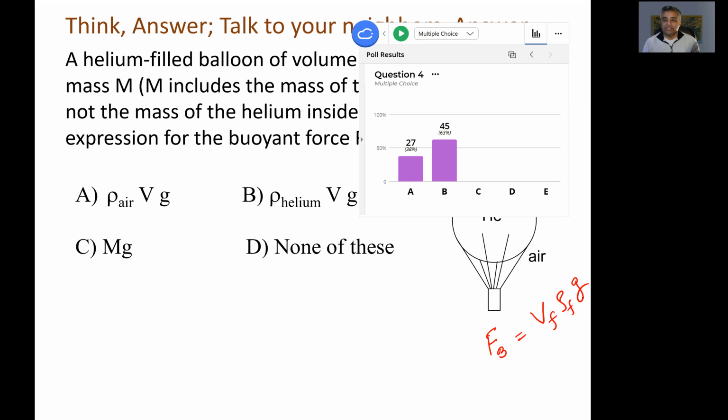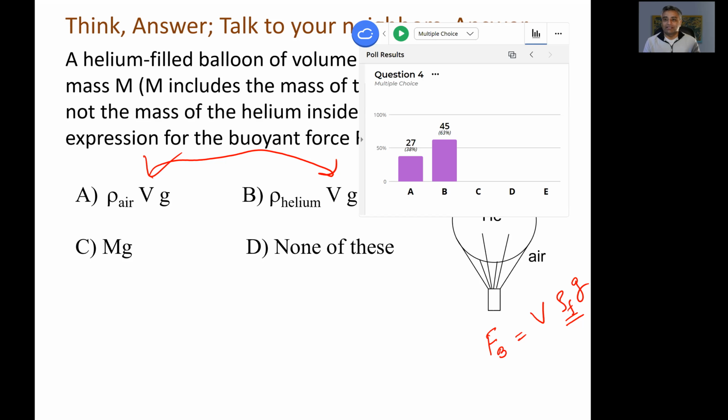So that's the definition of buoyant force. Everybody agrees on that. Is that correct? So in this equation, the volume of fluid displaced versus the object are the same, so let's forget about that. Now it says density of fluid, and both helium and air are fluids, right? That's what causes confusion here.